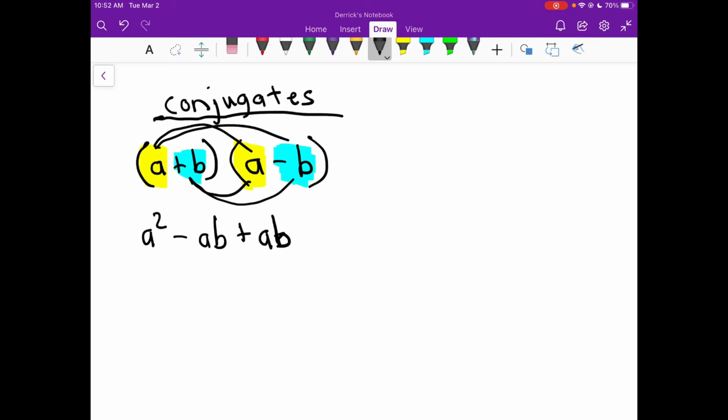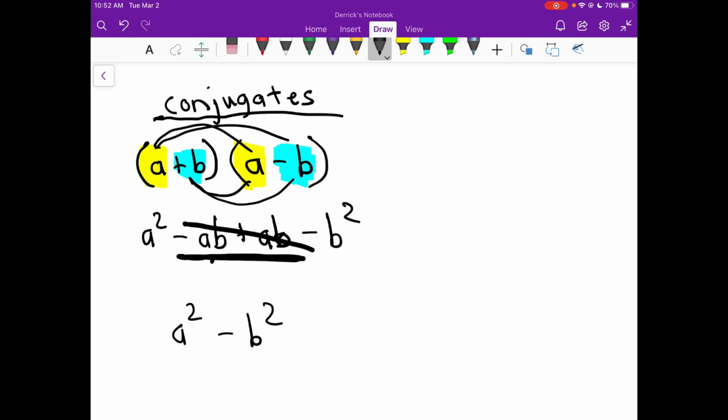And b times negative b would be negative b squared. If you'll notice, we have two middle terms here that cancel out. Negative ab plus ab, leaving us with just a squared minus b squared.